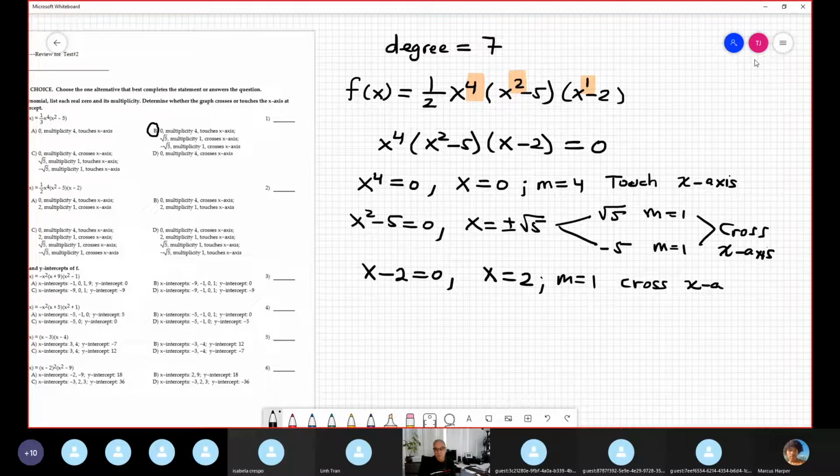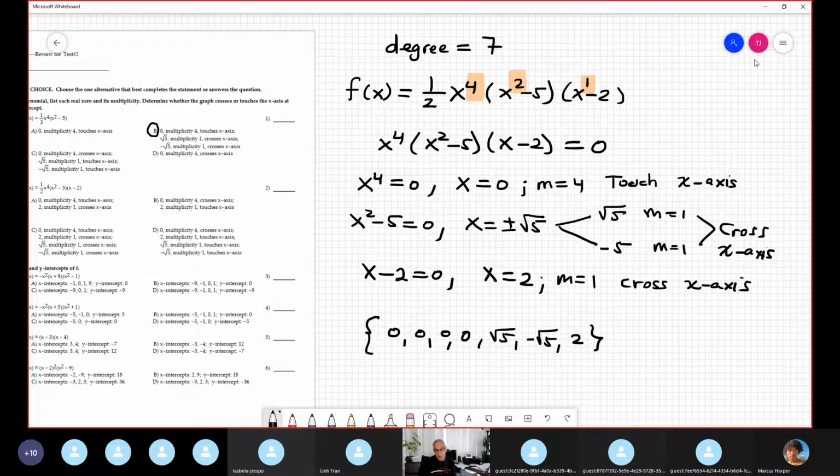the x-axis. Out of curiosity, if you want to list how many zeros, suppose we have 7: 0, 0, 0, 0, 4 times the multiplicity 4, comma radical 5, comma negative radical 5, comma 2. In total, 1, 2, 3, 4, 5, 6, 7. In this case, everything is real.